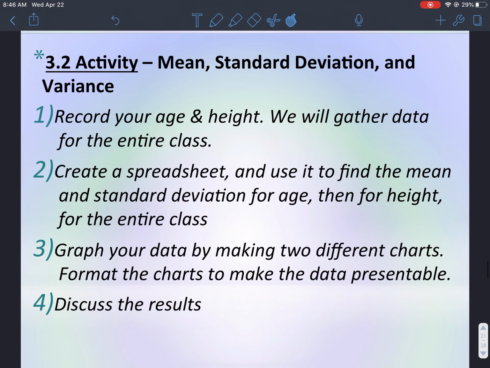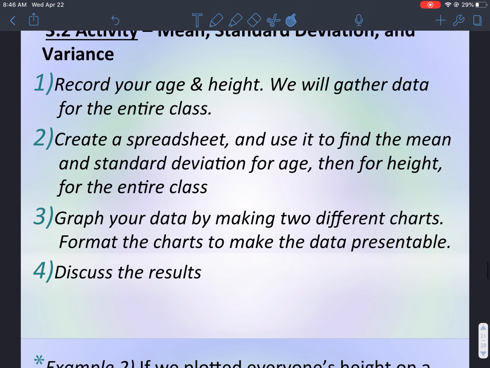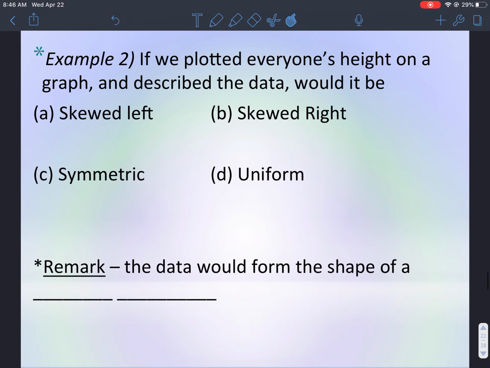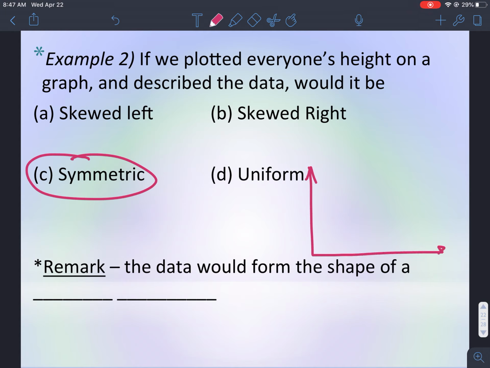We will skip over this activity about measuring height. However, I will tell you that if we were to plot everyone's height on a graph and make a histogram, it would be symmetric. Furthermore, the shape would look exactly like a bell curve.